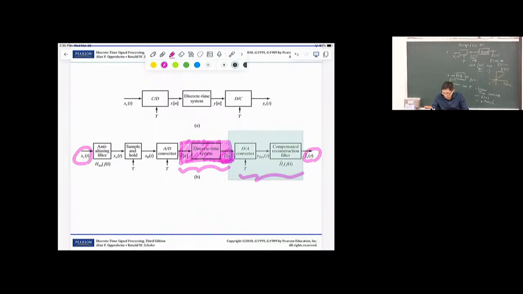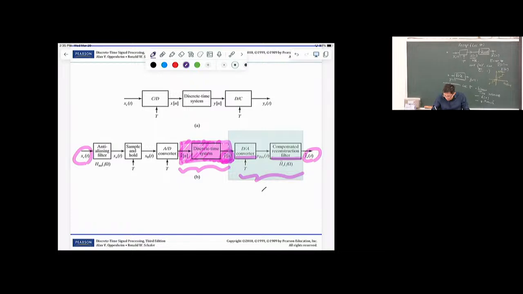So namely, you find two steps. One step is called D to A converter. The other is called compensated reconstruction filter. These two steps should be equivalent to what? To sinc interpolation.